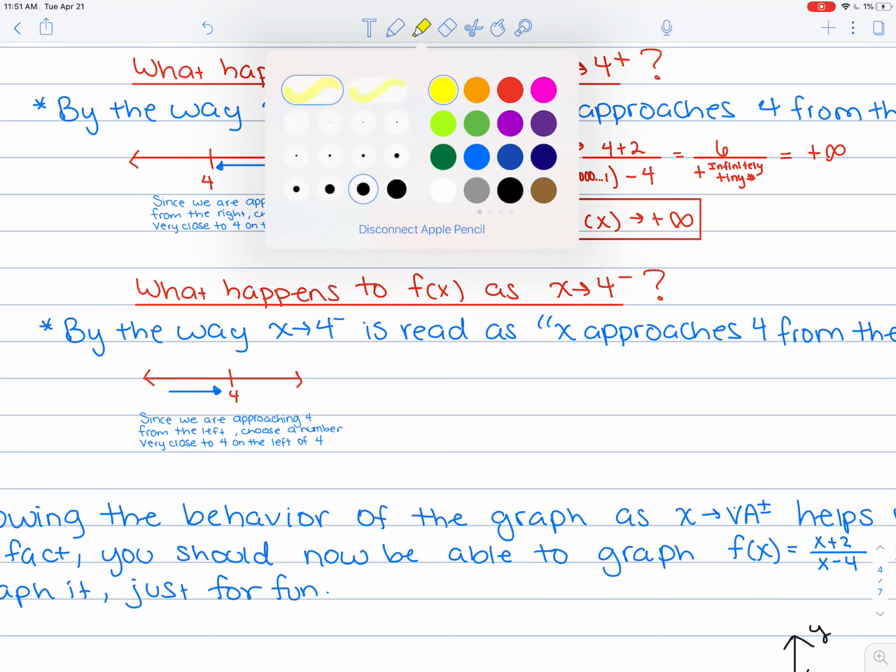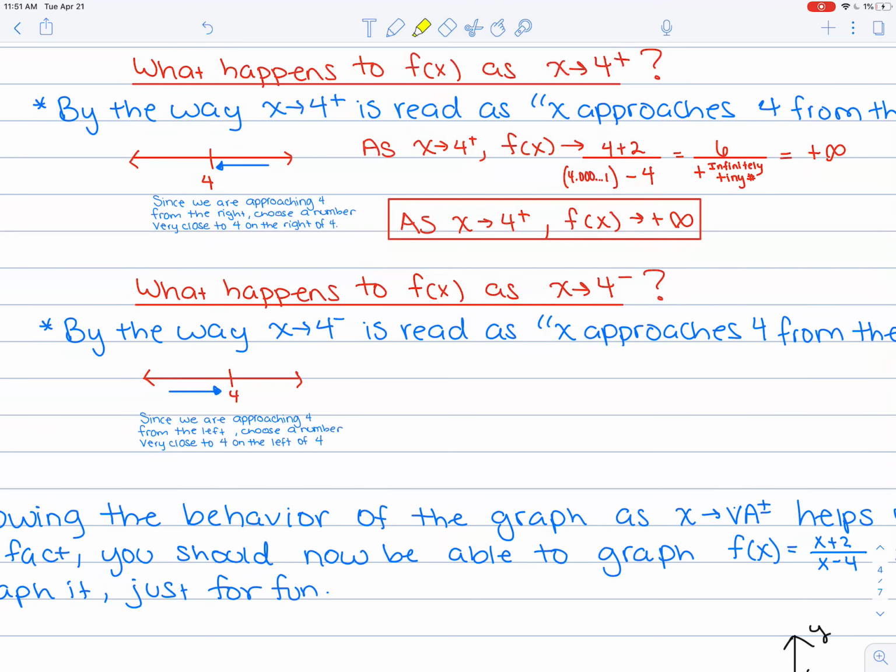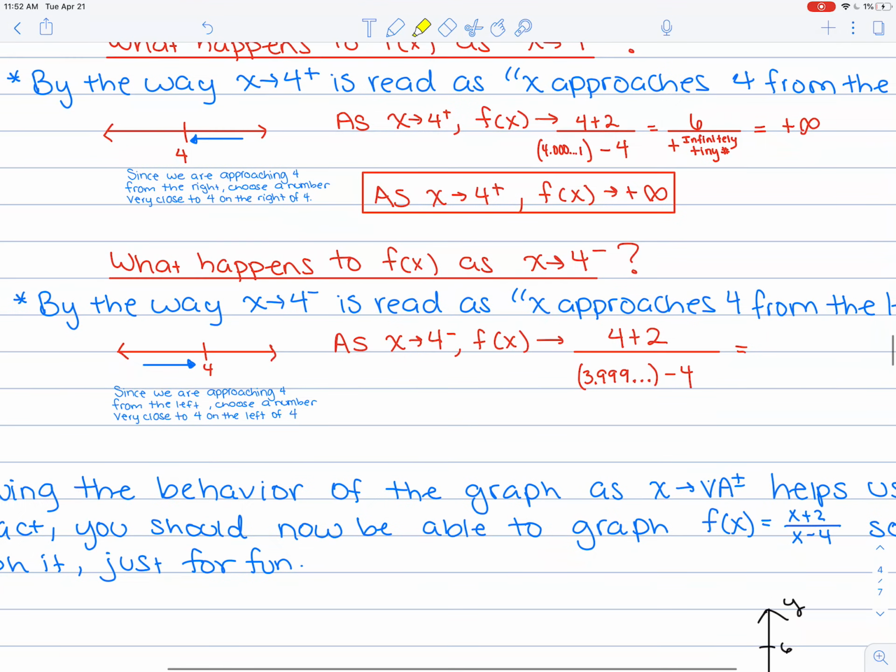Now I'm coming from the left, so I'm highlighting it so you know what I'm talking about. What is a number you can plug in really close to 4 coming from the left? If you said 3.99999, many nines, infinite nines, then you are correct. Let's plug in a number really close to 4 from the left.